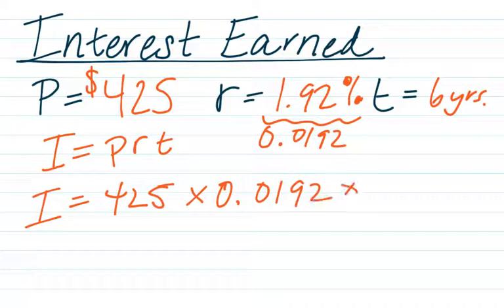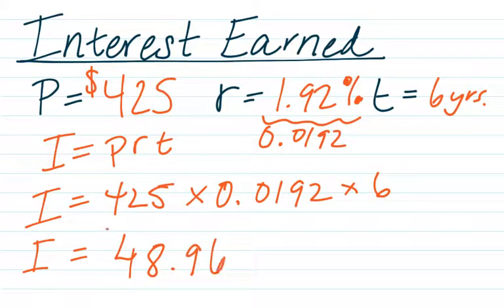And then times the time, which is 6 years. When you multiply those out, 425 times 0.0192 times 6, you get that the interest is $48.96.